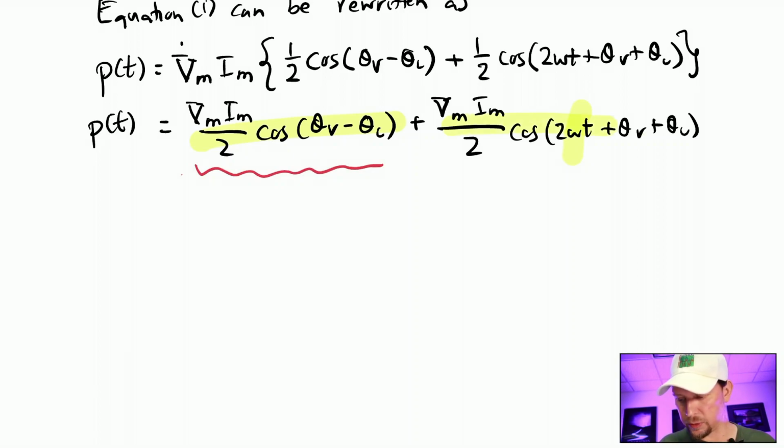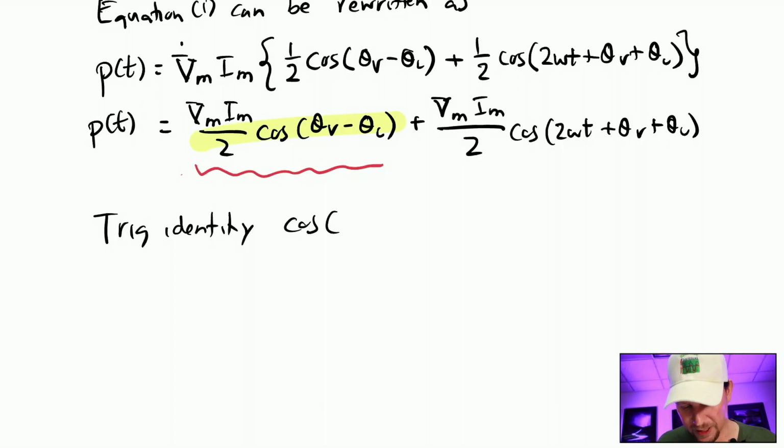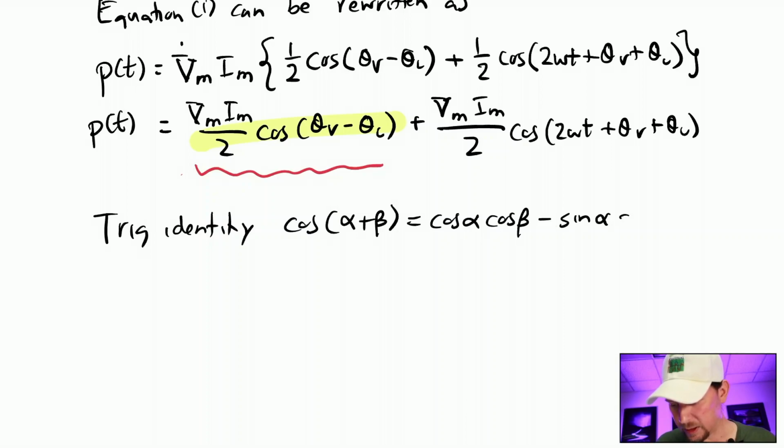And I'm also going to use a trig identity in order to rewrite it in a better fashion. The new trig identity that I'm going to use is that the cosine of two angles, alpha plus beta, is cosine alpha cosine beta minus sine alpha sine beta.